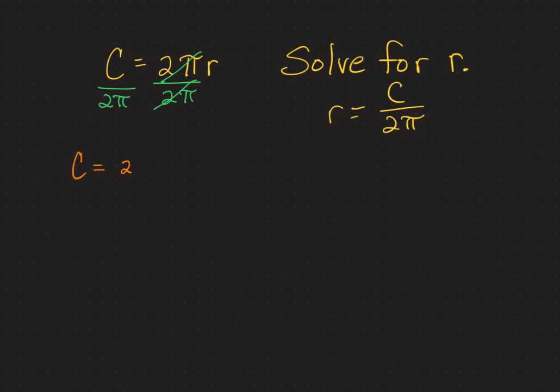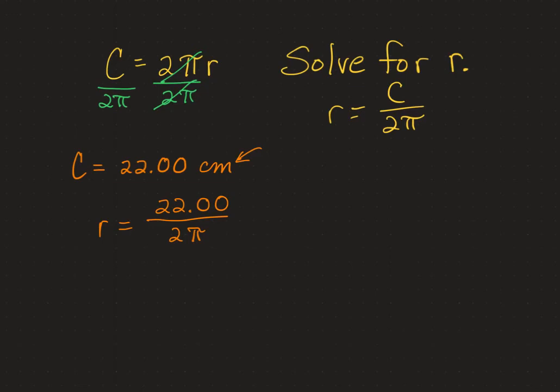that the circumference of the circle in question is 22.00 centimeters. Okay, we have r equals 22.00 divided by 2 pi, remembering that at the end I'm going to have to use my units of centimeters.